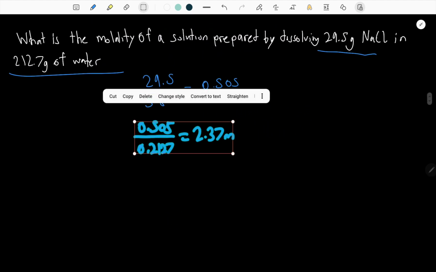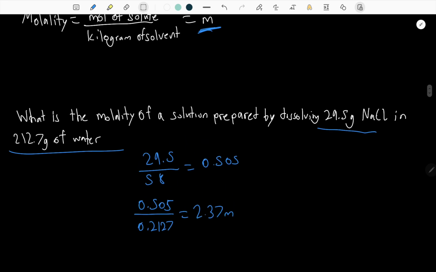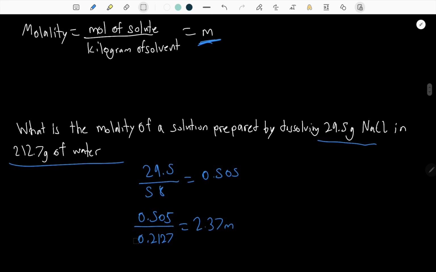Now just apply the formula. It is the number of moles divided by 0.2127, which is the kilograms of water because we divided by 1000, and it is equal to 2.37 m, which is molality.